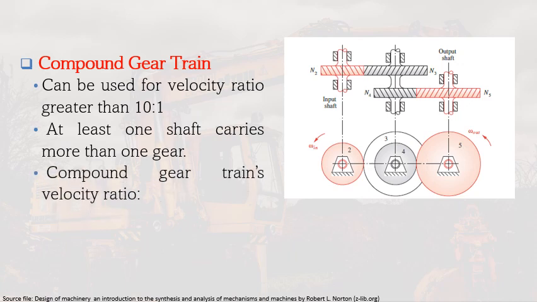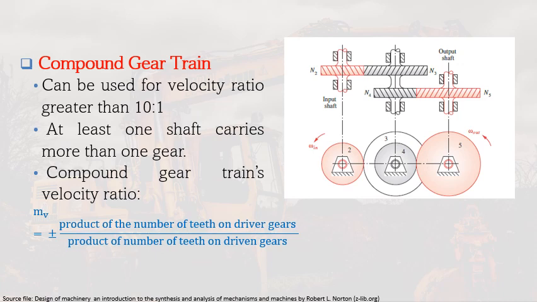For the compound gear train's velocity ratio, it is computed using the formula: the product of the number of teeth on the driver gears divided by the product of the number of teeth on the driven gears. The plus or minus sign here is just whether it is clockwise or counterclockwise.